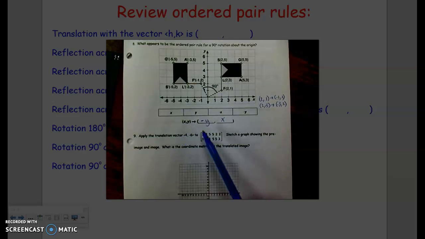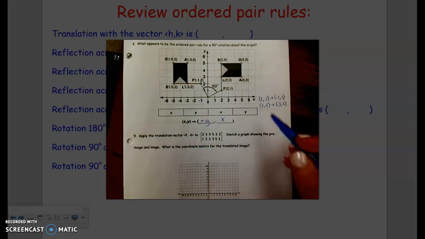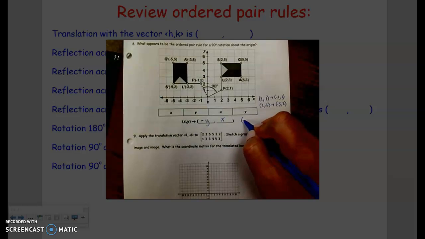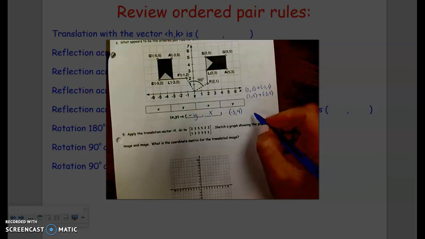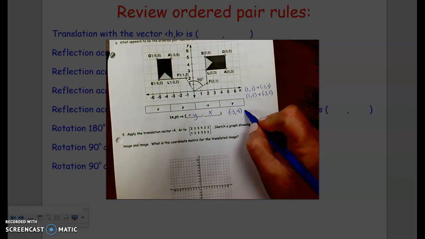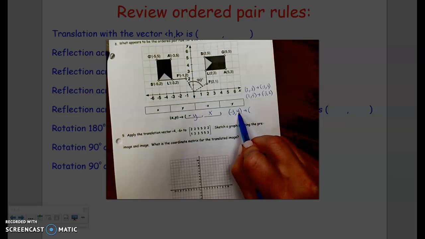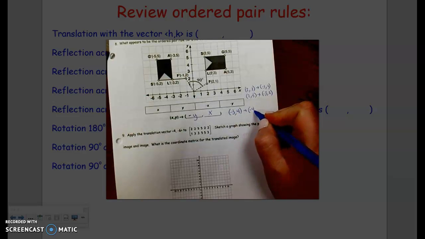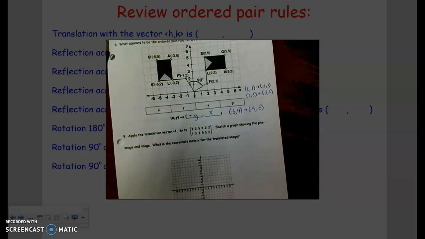So this is our ordered pair rule for a 90-degree rotation counterclockwise around the origin: (x, y) is mapped to (-y, x). So if I had the point (-3, 4) that I wanted to rotate 90 degrees counterclockwise around the origin, I would want the opposite of my y, so that would be -4, and then my x, -3. It would map to that point right there.